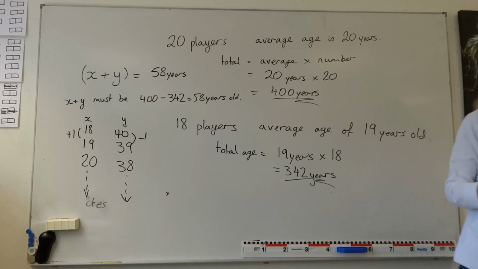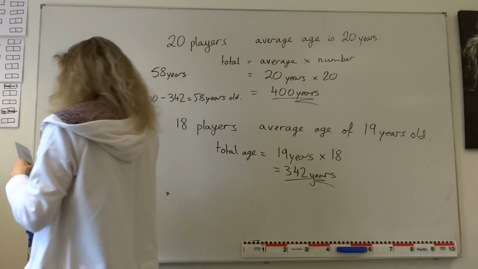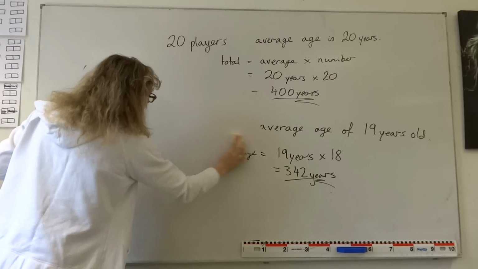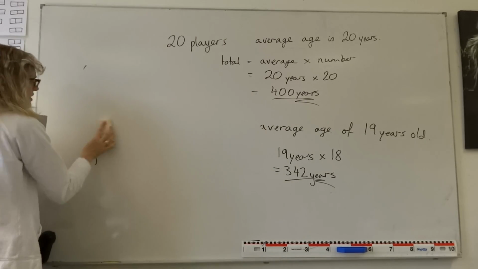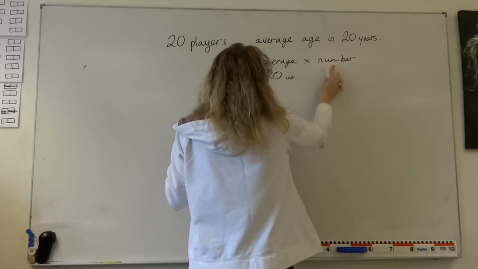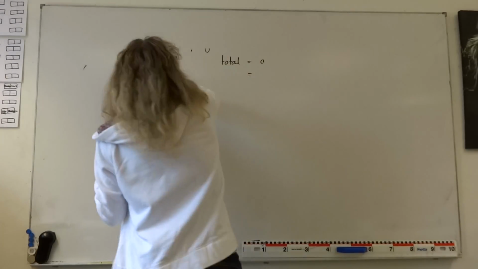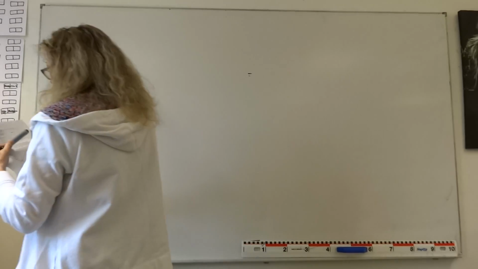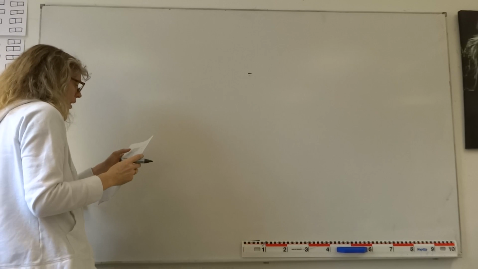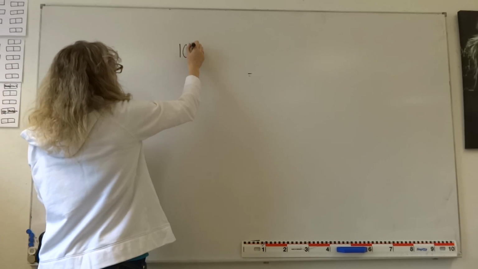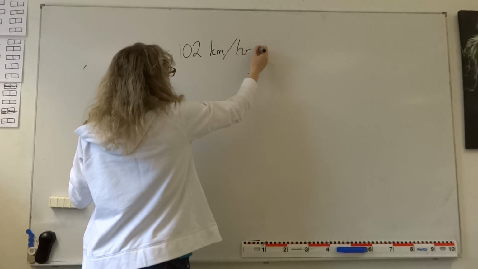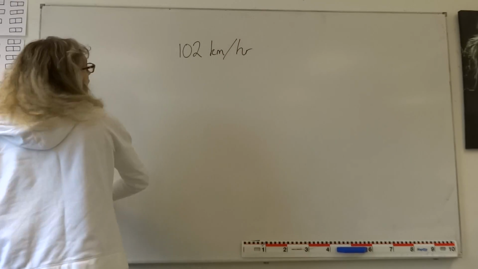Then we have Anja Persson, a famous Swedish skier. I don't know if she still is famous, but she used to be back in 2006 when this paper was done. She is traveling at a speed of 102 kilometers per hour.